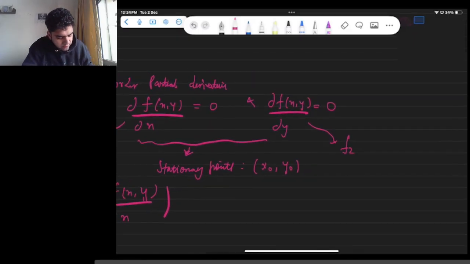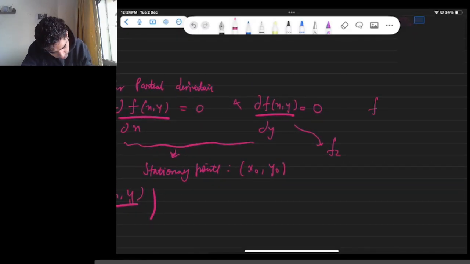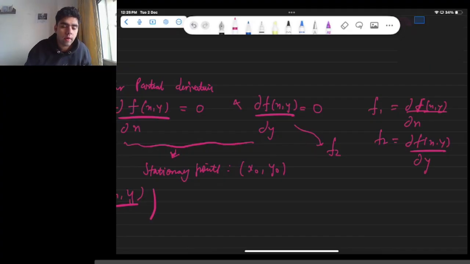If I write it here, f1 is del f by del x, and f2 will be del f(x, y) by del y, because y is the other variable, so we represent it by 2, right?